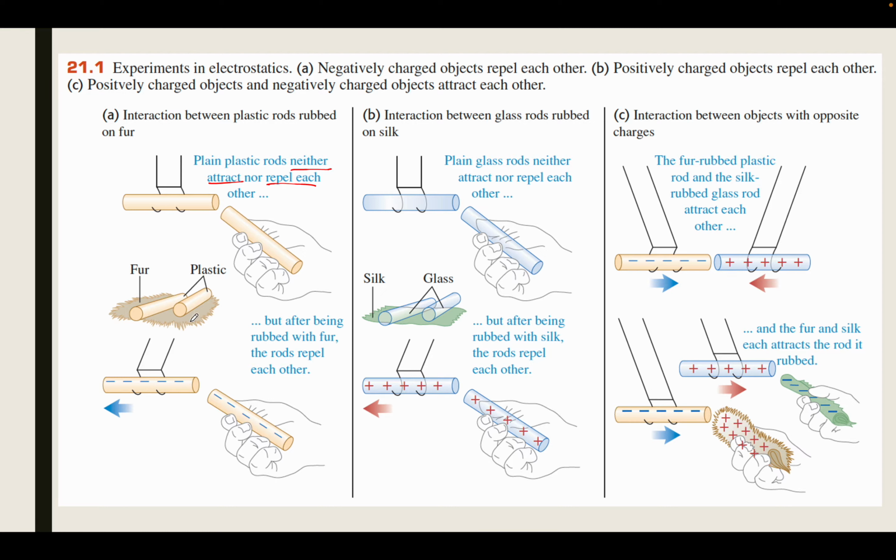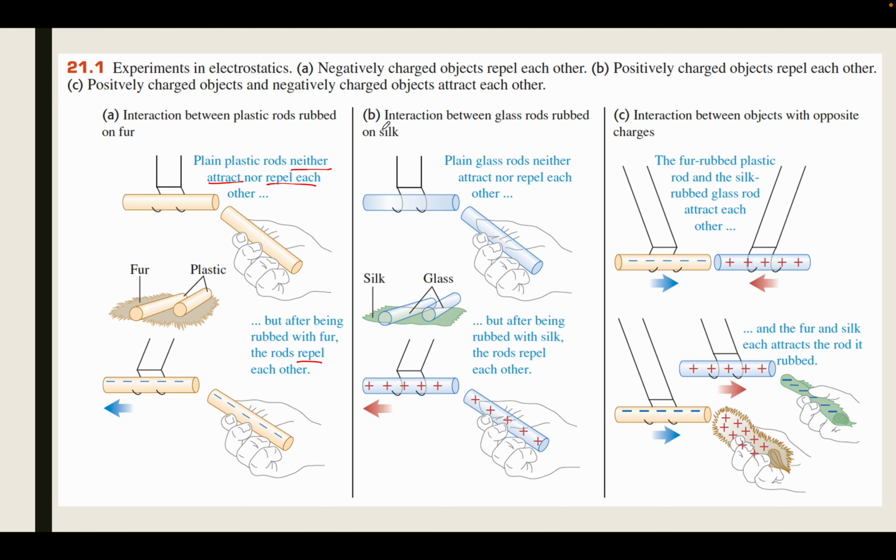But after being rubbed with fur, the rods repel each other. They acquired a negative charge, so both plastic rods have negative charges and repel each other. Again, same charges repel.